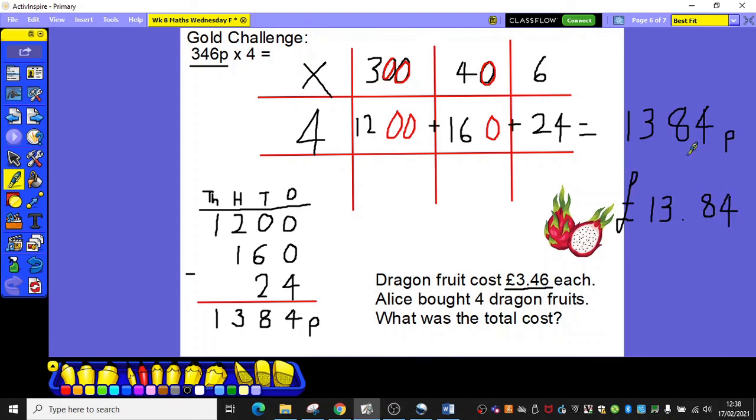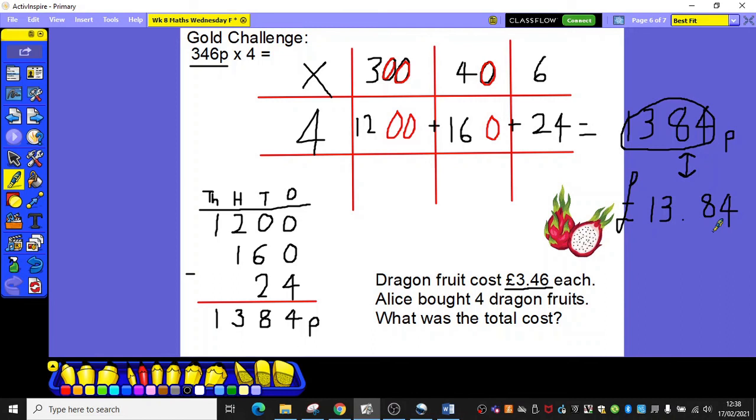So I'd like you to show it both ways, please, when you do your maths today. However, what you can do is check this answer using a calculator, because you can type in 346 multiplied by 4 and you should get this answer. Obviously then your teacher can check your converting when you submit your work.